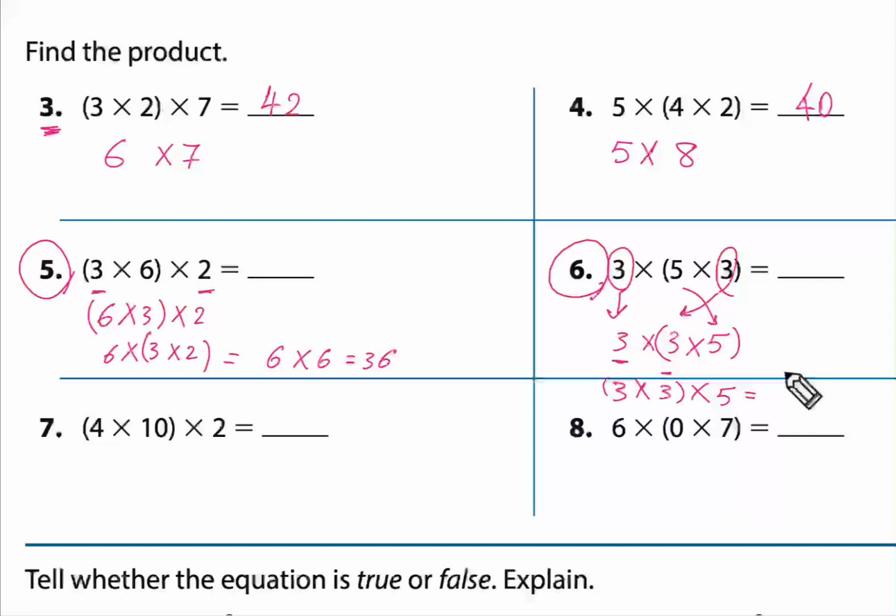So, that's right. So, 9. I should write here 9 multiplied by 5. And what is 9 multiplied by 5? It's 9 multiplied by 10 and take 5.